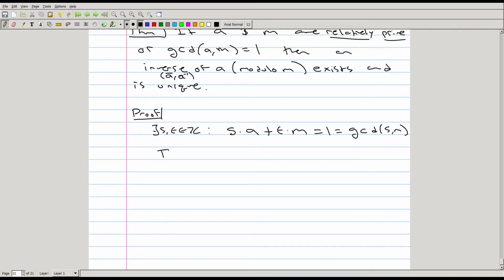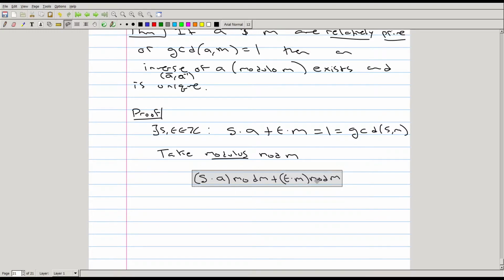And if we take the modulus mod m of this equation, or the remainder of both sides of this equation upon division by m, what we're left with is that s times a mod m plus t times m mod m is equal to 1 mod m, which is just equal to 1.